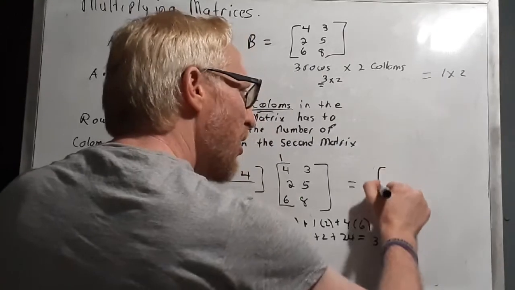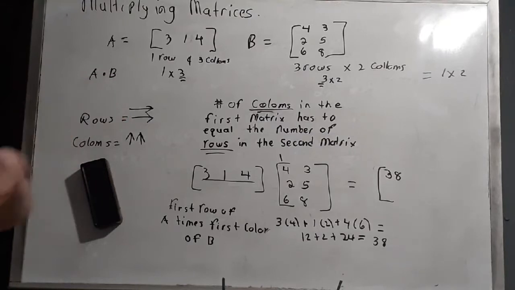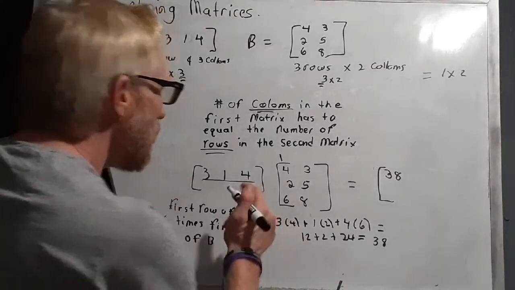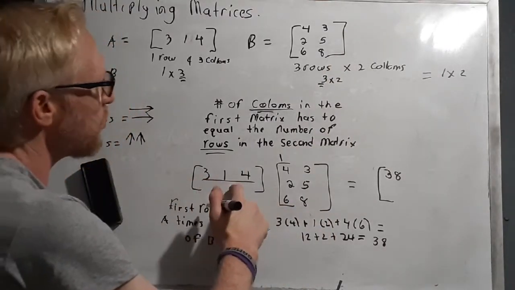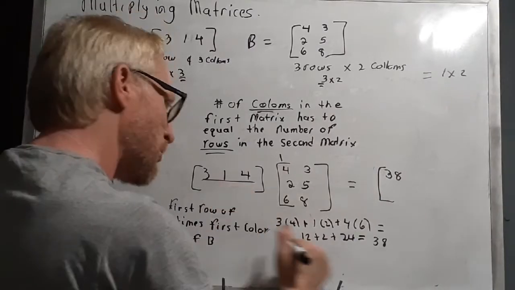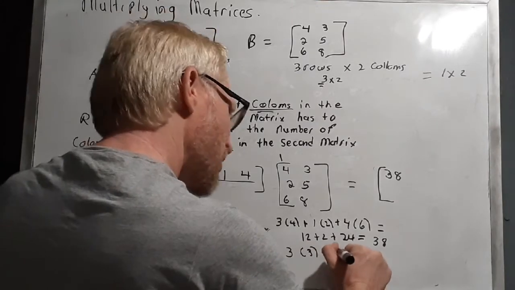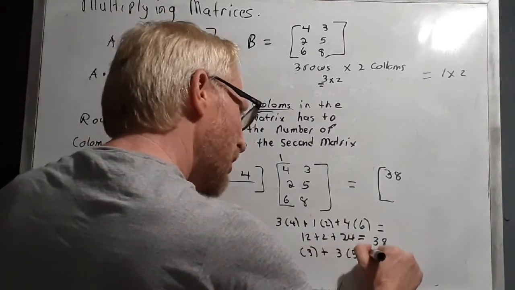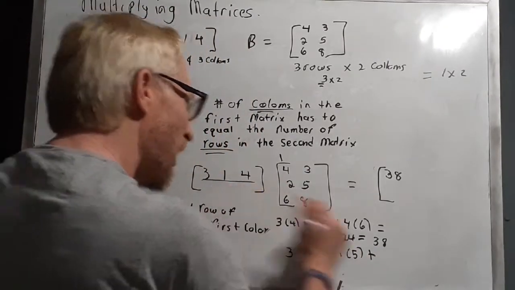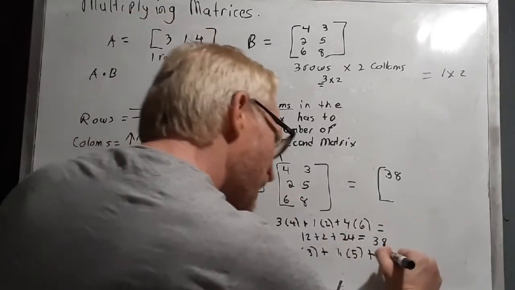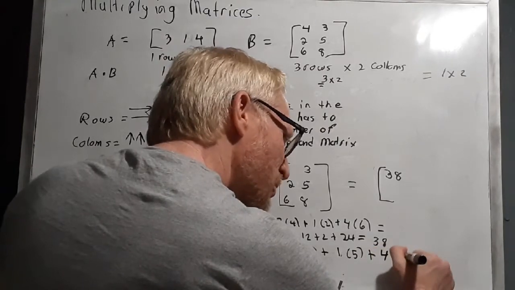So that means that our first entry is going to be 38. Now we're going to do the same thing with the second column. So we're going to multiply the first row by the second column. We're going to multiply 3 times 3 plus 1 times 5 plus 4 times 8.